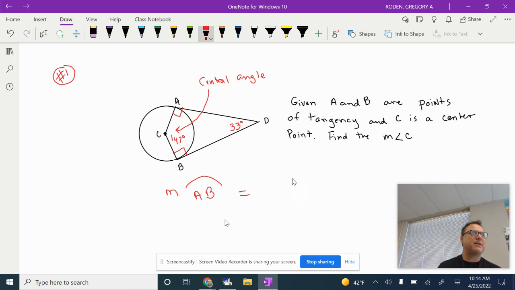If you have forgotten, the measure of the central angle, I'm just going to say CA first, central angles. The measure of the angle, the central angle, is equal to what? The measure of its intercepted arc.